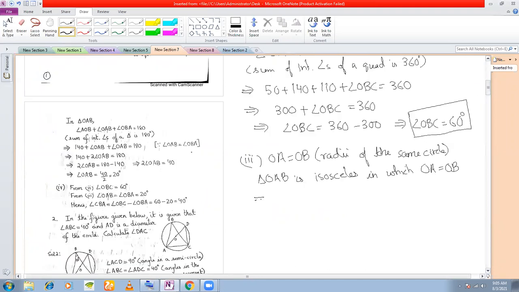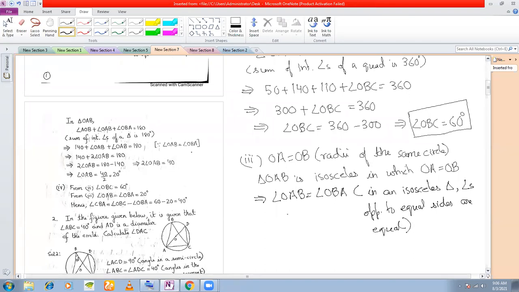So you can write angle OAB is equal to angle OBA, and you will give your reason: in an isosceles triangle, angles opposite to equal sides are equal.